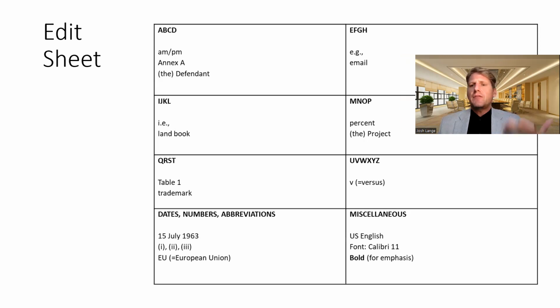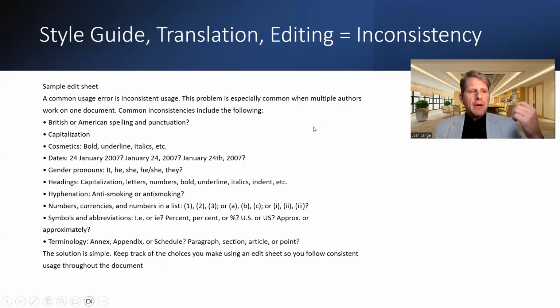One of those things, for example, is when we look at punctuation, capitalization, bold, italicize, dates. How do we write dates? Okay, I might write dates differently than you. There might be different conventions in my country, for example, the United States, and then Malta, which is a European country.